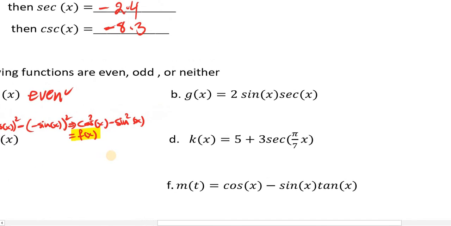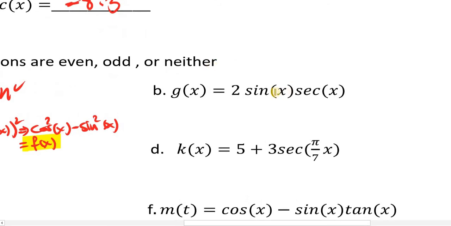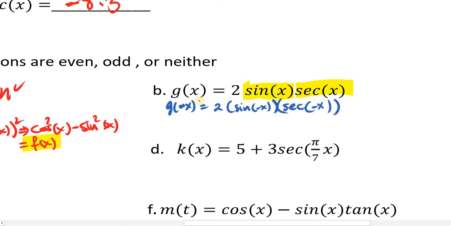Now let's go to the next one. I know that sine is odd, and secant is even. And I know that if I multiply odd with even, I'm going to get an odd function. Let me prove it algebraically. So we're going to say g of negative x is equal to 2 sine negative x, replace each x with negative x, secant negative x.